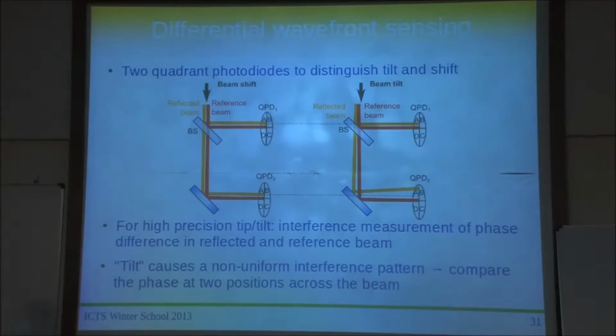So that's basically what you want to do. In principle, you can just use these 2 quad photodiodes and then look at this and tell what's going on. But to do so, you would need a really, really stable setup. You would really need to make sure that the position of these photodiodes doesn't change, and that the thing is rock stable. A much more precise measurement is what's called differential wavefront sensing, and the way it works is like the interference pattern.